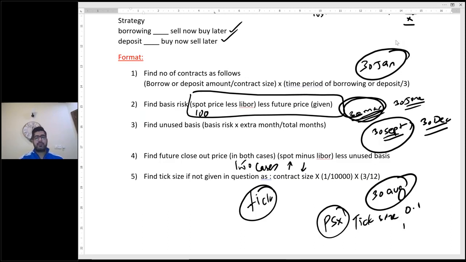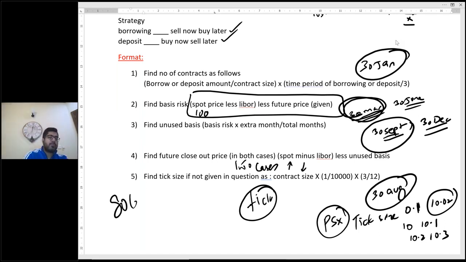So a share is of 10. It can be 10.1, 10.2, 10.3. It can never be 10.02. Why? Because the minimum fluctuation tick allowed is 0.1. So from 10, it can become 9.9, 9.8, 10.1, 10.2, but never be 9.85 because the minimum fluctuation tick is 0.1.